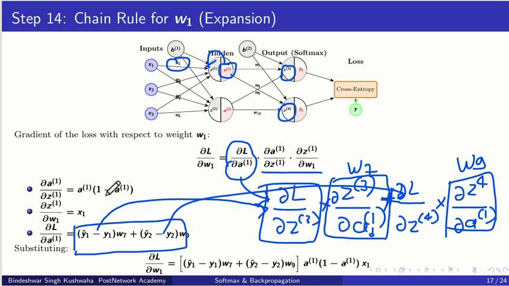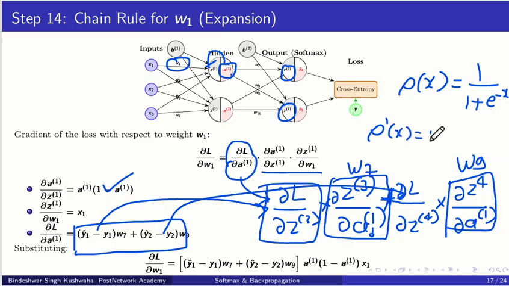Again this one is a sigmoid function, 1 upon 1 plus e raised to minus x, and its derivative would be sigma x into 1 minus sigma x. We will explain this in a separate video.